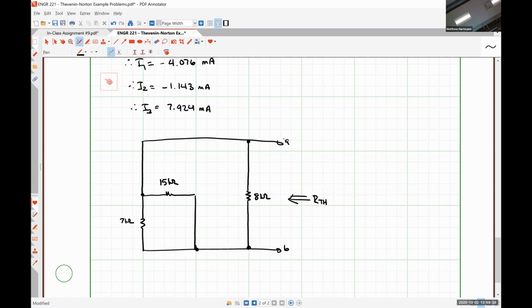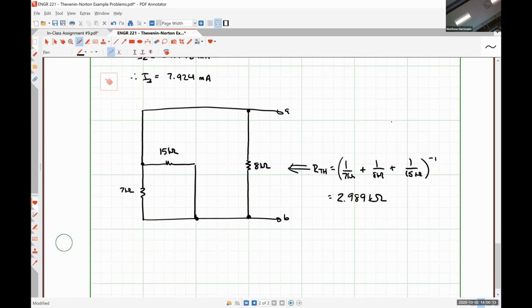Everything's in parallel. That gives 0.989 kilo ohm.